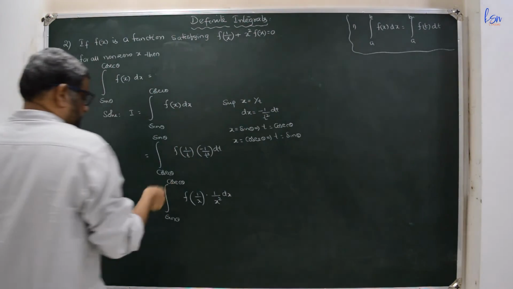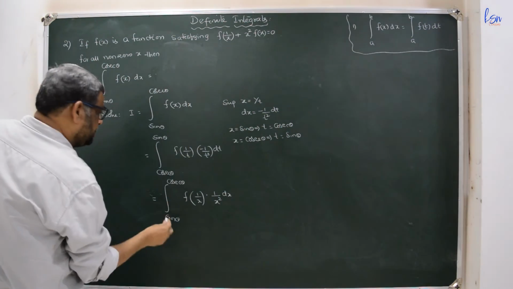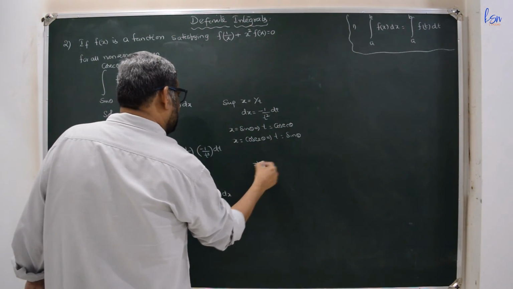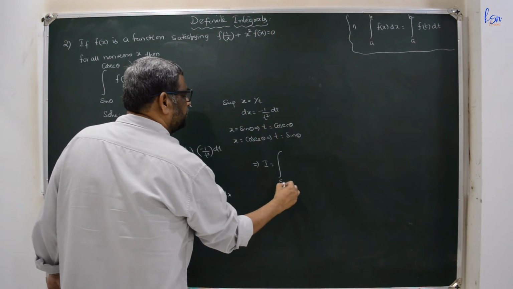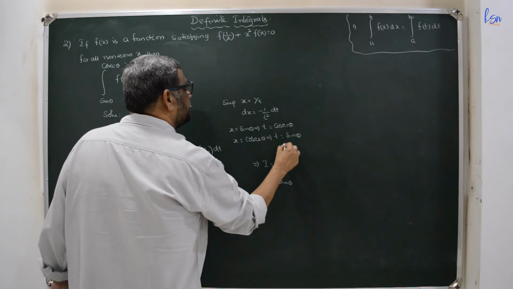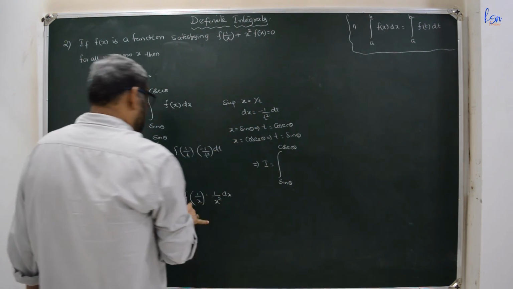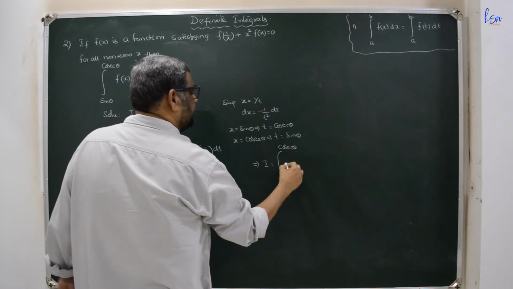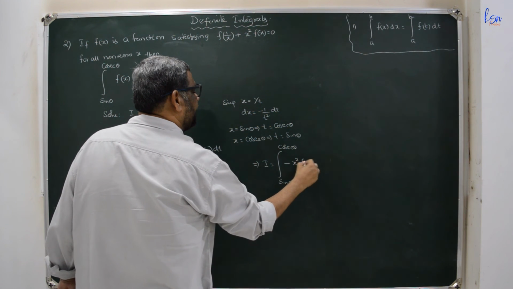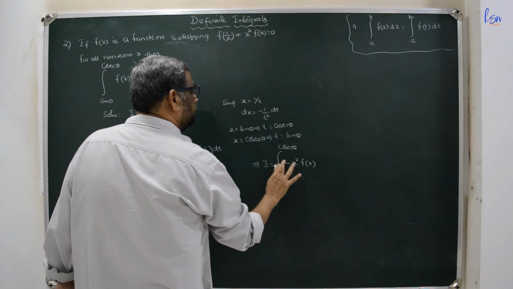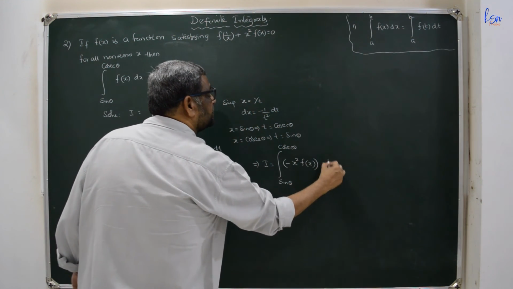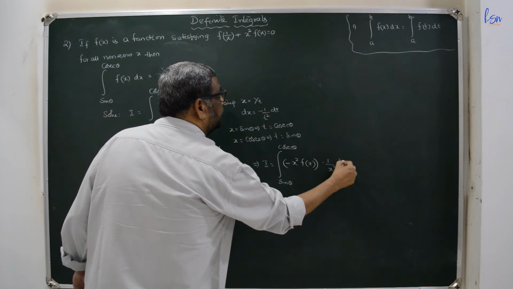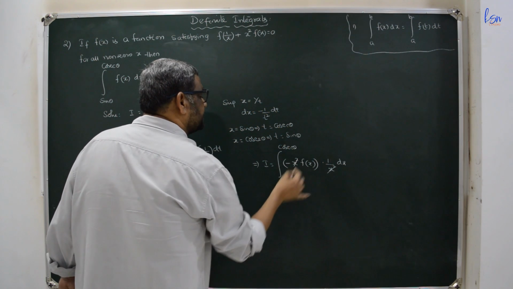Now from the functional equation, I can write, it implies I is equal to integral sin theta to cosecant theta, and f of 1 by x can be replaced with minus x square into f(x), minus x square into f(x) into 1 by x square dx. This x square and x square get cancelled.